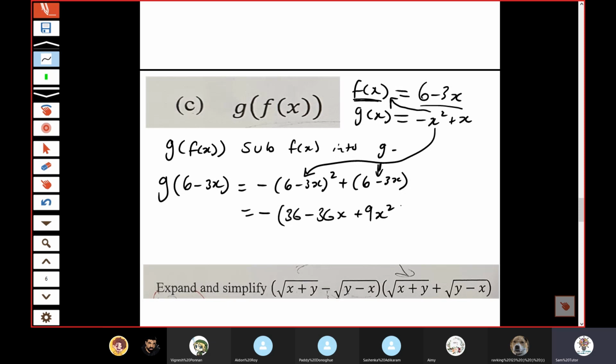That's how you expand using perfect squares. Plus 6 take away 3x, then you bring the negative in. And then we finally simplify. Minus 36 plus 6 is negative 30. 36 take away 3 is positive 33x, minus 9x squared. And that would be 4 marks.